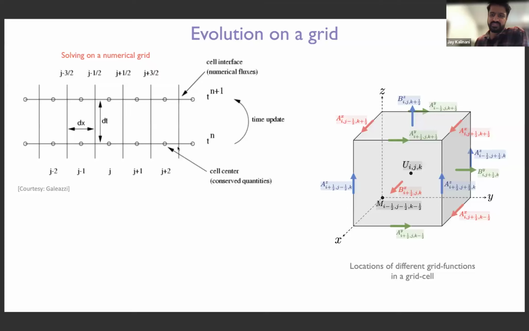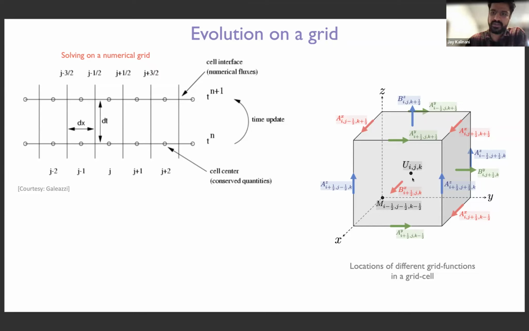Now, as Lieve also mentioned, for example, when you go to a 3D grid, you have the possibility, especially in CarpetX, to store your variables at different positions, not only at cell center, but you can have your variables at vertices or on edges or faces. So this is what I show here.